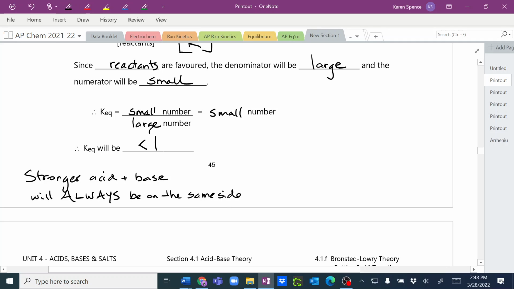The weaker acid and base will always be on the same side, but they will also always be favored.